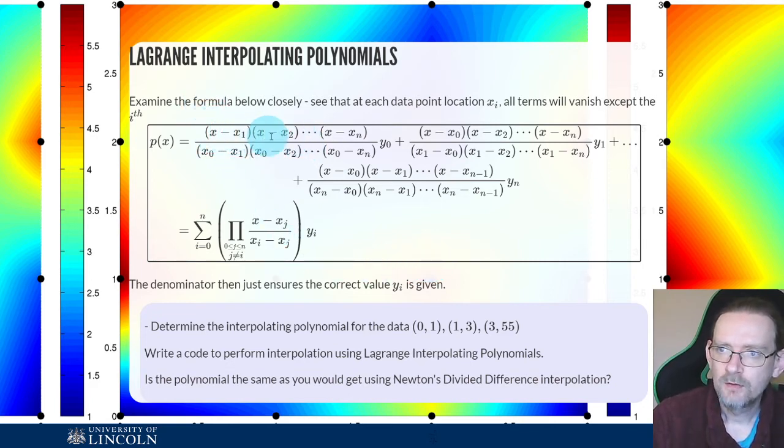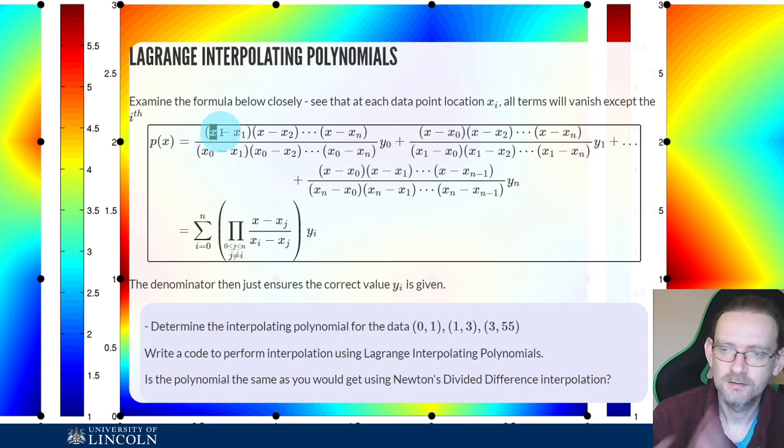So you see on the top of the polynomial here, we've got x minus x1, x minus x2. It doesn't include x minus x0. So when x is equal to x0, we get x0 minus x1, x0 minus x2, and that's precisely what we've got in the denominator, which is x0, so the point that corresponds with this one, minus each of the other points in order.